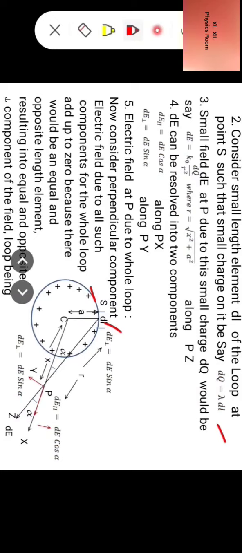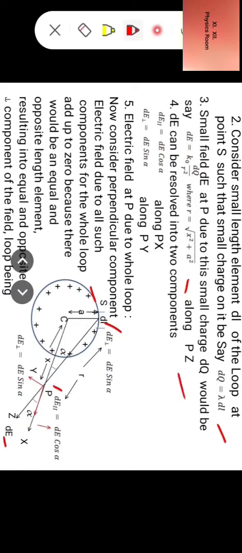The third point, small field dE at P. dE at point P due to the small charge dq would be, say, dE equal to k naught dq by r square, where r is equal to under root x square plus a square, and will be along PZ.